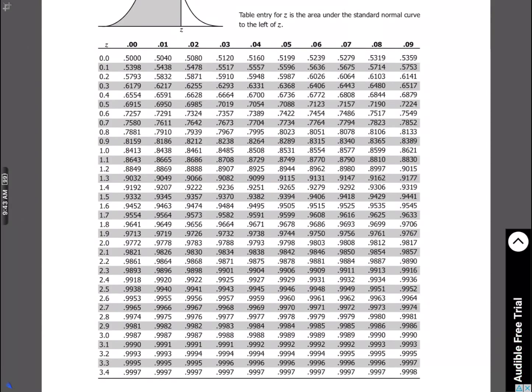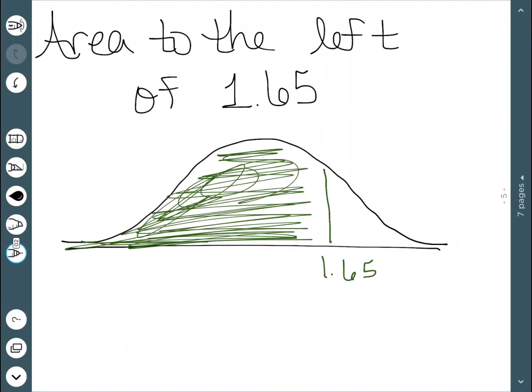So we start with 1.6, and then we find the 5 along the top, and then we just see where they meet. And these numbers meet at 0.9505. So that tells us the area to the left of 1.65 is 0.9505.